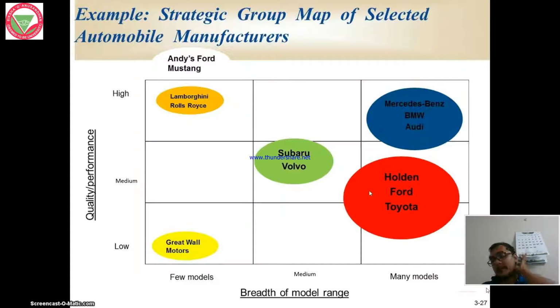Similarly, in the middle, medium quality with medium breadth of model range, we have Subaru and Volvo. Of course, Volvo is synonymous with safety.